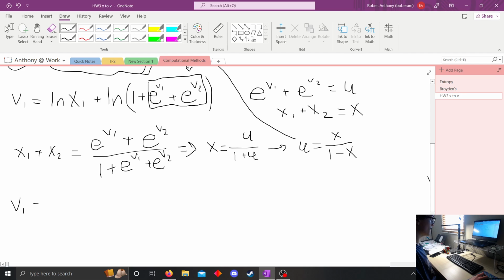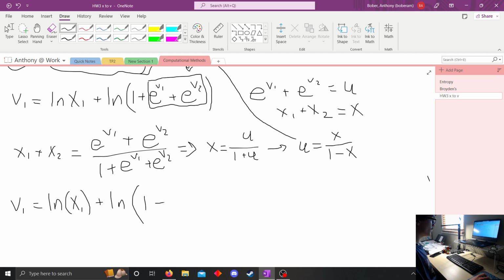So we're going to have v1 equals the natural log of x1 plus the natural log of 1 plus, this is going to be u, so we'll just substitute this in, and I'm going to go ahead and write x1 plus x2 back in.